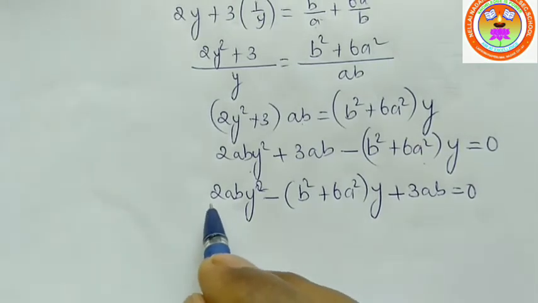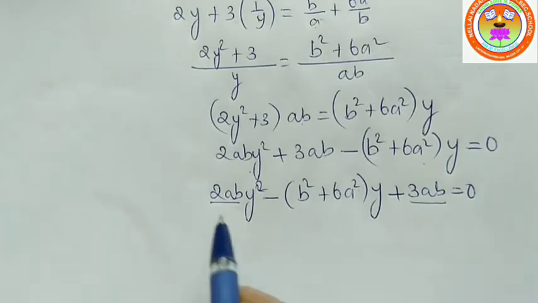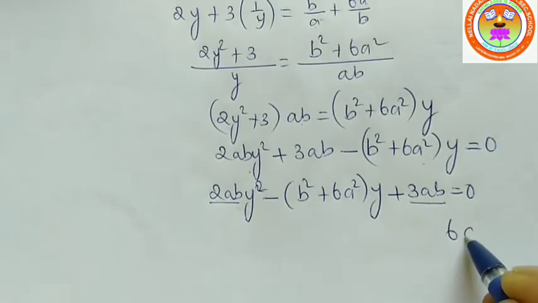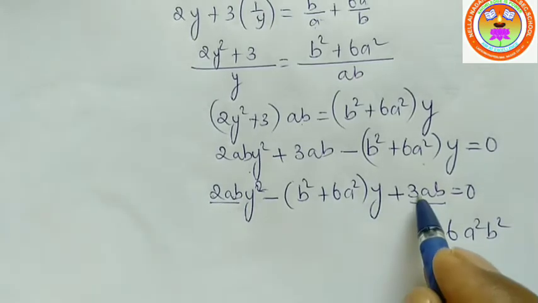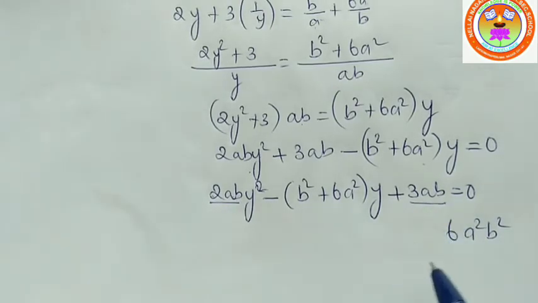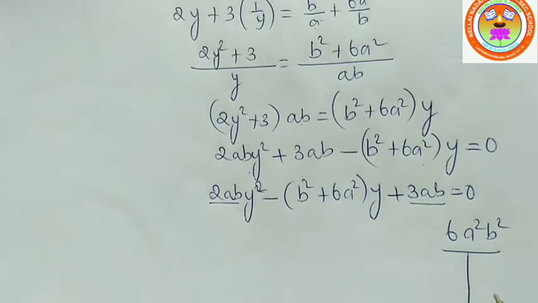The product is 2ab times 3ab, which is 6a square b square. Our aim is to find two terms whose product is 6a square b square and whose sum is b square plus 6a square. The only possibility is 6a square and b square.